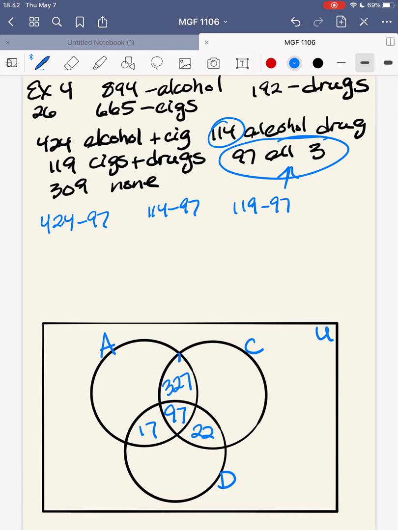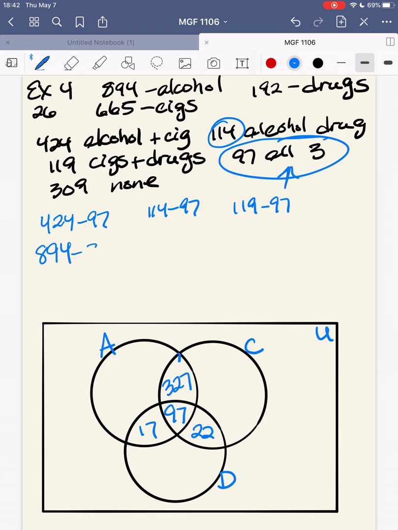Right? So now I'm getting my petals done. I'm doing okay. And now I need to look at how many people only do alcohol. Well, I have a lot of things going on in alcohol here. So I have 894 people total that drink alcohol.